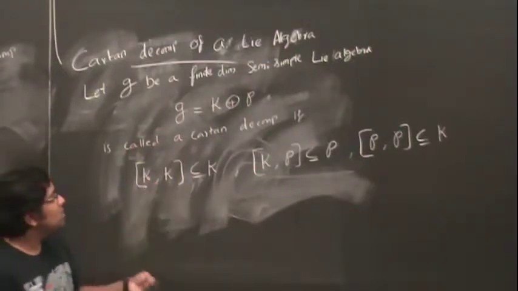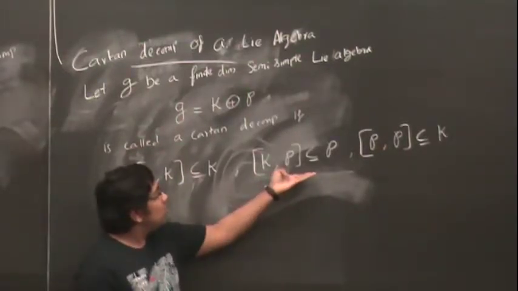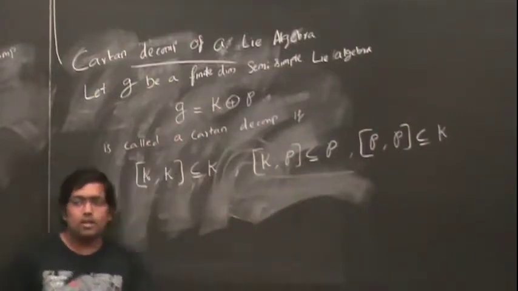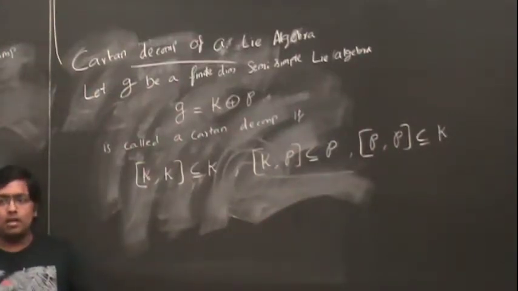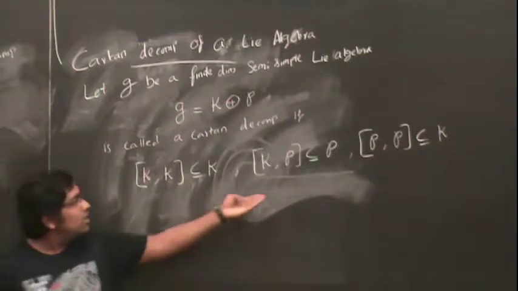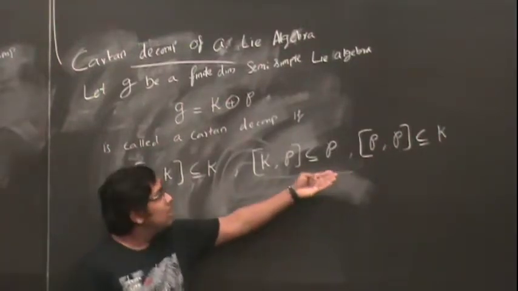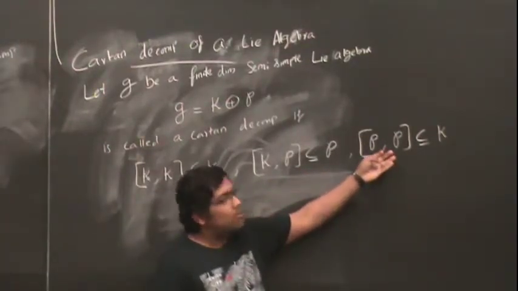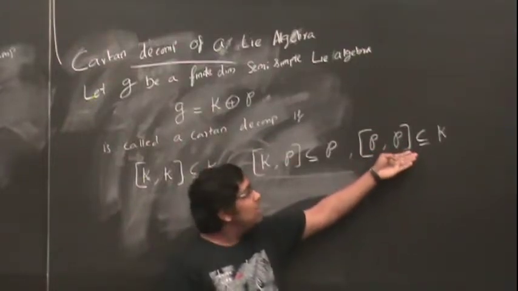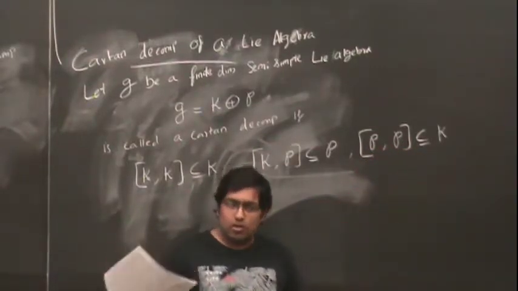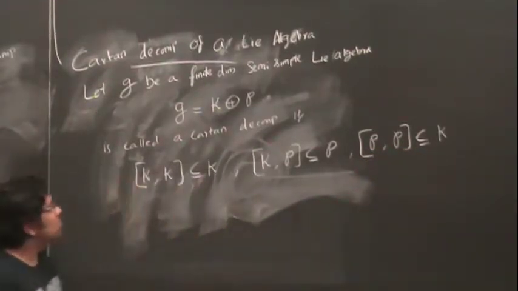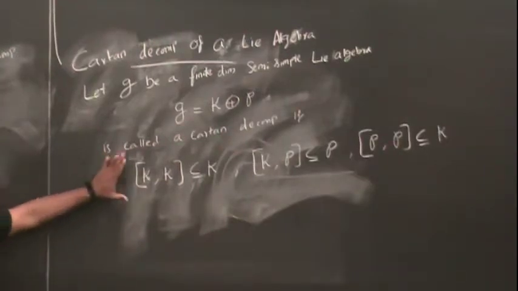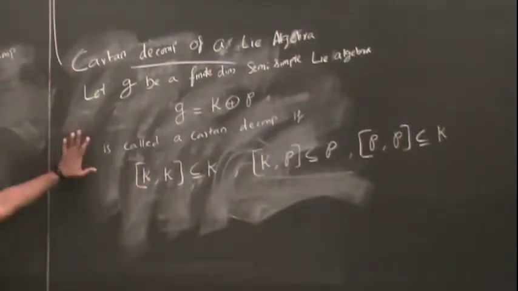Now, you pick an element in k and an element in p, commute them, and you get an element in p. Again, you pick an element in p and an element in p, commute them, and you get an element in k. This specific commutator relation is the heart of Cartan decomposition.